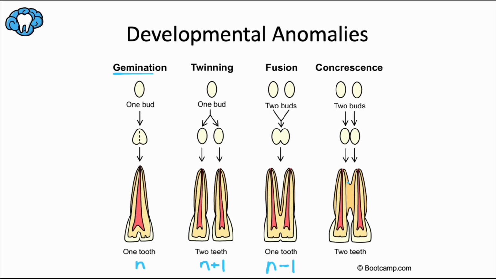So it's a union of 2 distinct teeth at the cementum layer. So we would still wind up with a normal number of teeth because 2 tooth buds still became 2 individual teeth. This is most common with the maxillary molars.